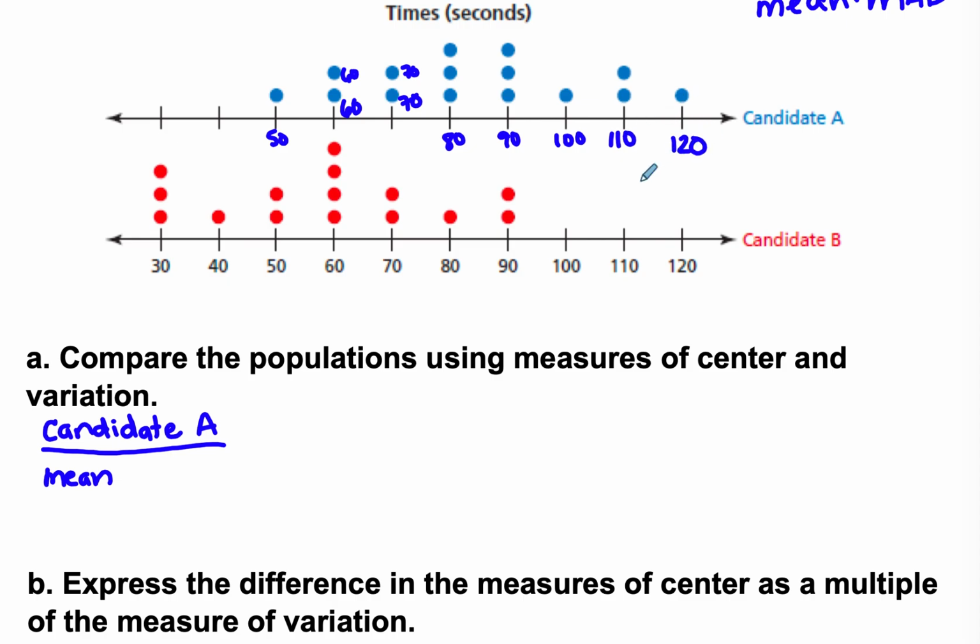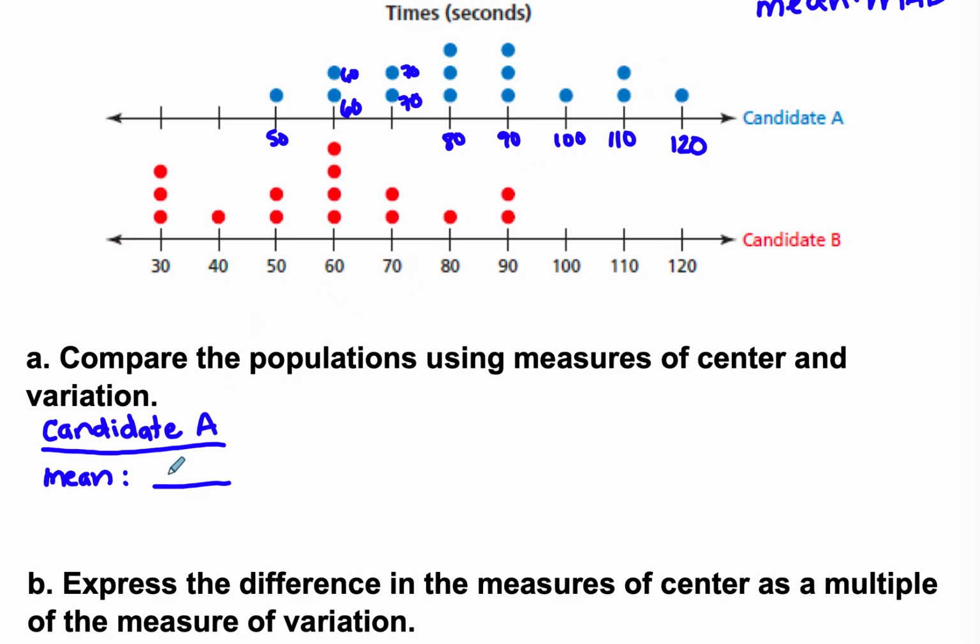To find the mean, we have to add all of those numbers up. So we add 50 plus 60 plus 60 plus 70 plus 70 plus 80 plus 80 plus 80 plus 90 plus 90 plus 90 plus 100 plus 110 plus 110 plus 120.